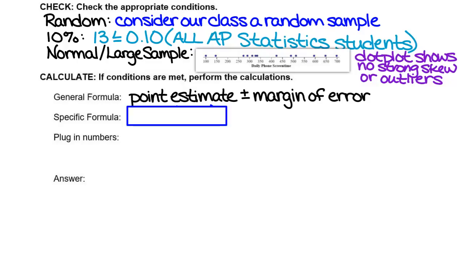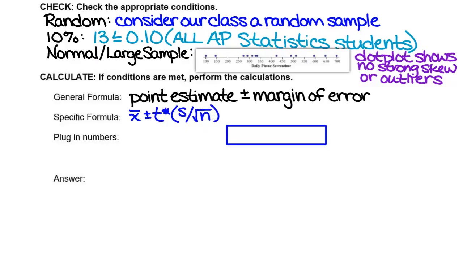Do we still use p hat for our point estimate? No, that would be for a proportion. What are we using for the point estimate now? X bar. So X bar plus or minus. How do we calculate the margin of error? We learned how to do this yesterday. T star. Yes.